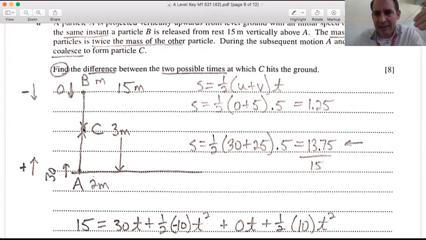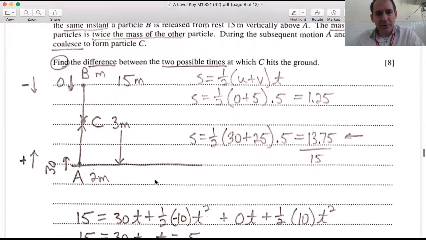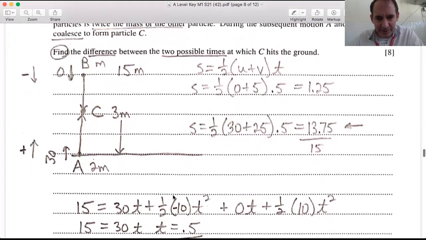When they hit and coalesce, the object will actually go up until gravity causes the velocity to reach 0, and then it's going to fall down again. So there's a little up and down movement here that's not drawn into my diagram. You need to account for how far up it goes till it reaches velocity 0, and then how far down it goes to hit the ground. We can worry about that later.